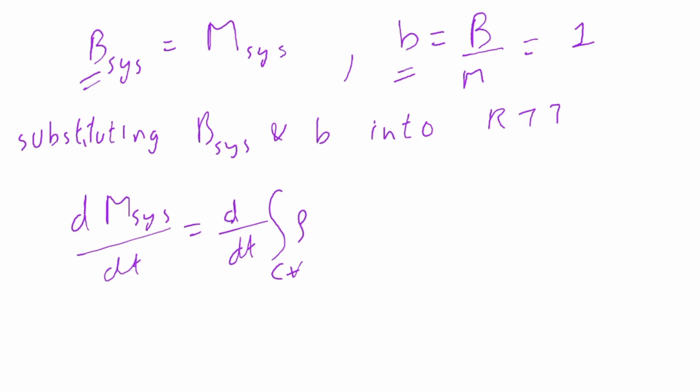Small b is 1, so it becomes 1, and you're integrating over the volume, so you have this term. The last term is just the flux of this quantity going in and out. Again, small b is just 1, and then you have the velocity vector dotted with n dA.